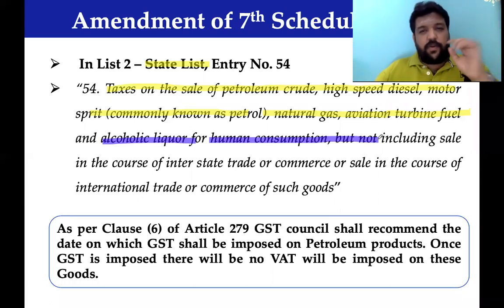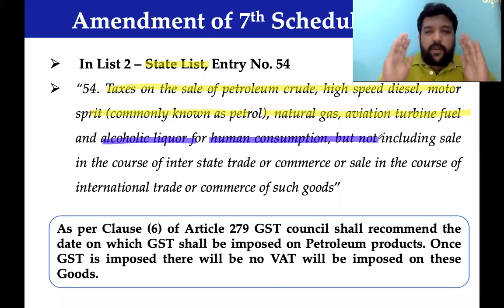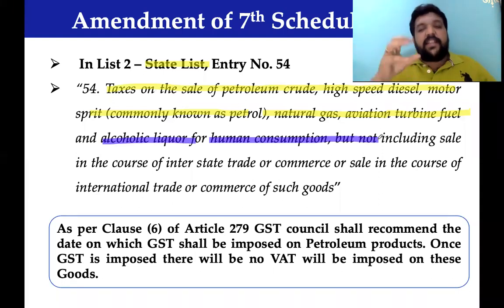So, sir, are you trying to say in petrol there is no GST? Yes. Petroleum products currently are not liable to GST. The central government collects its share by levying excise duty when petrol is manufactured. The state government collects its share by levying value added tax.